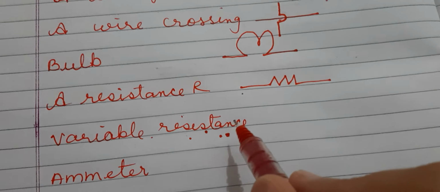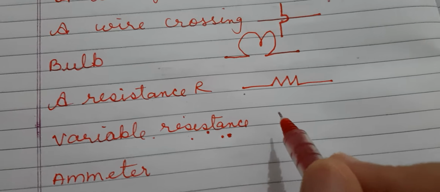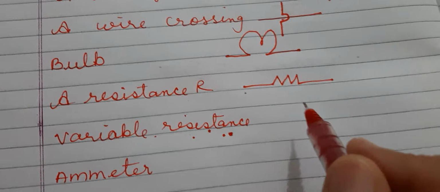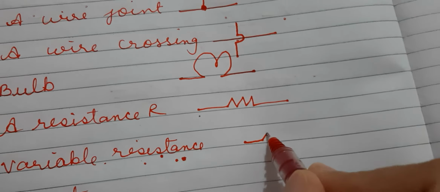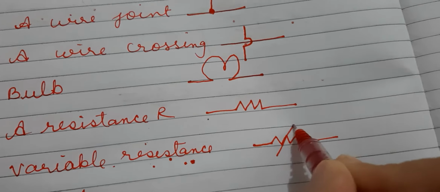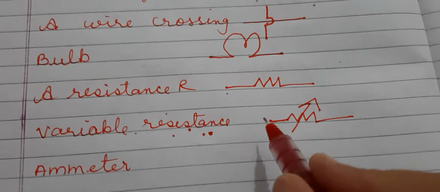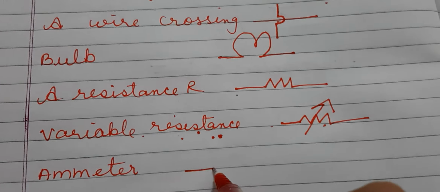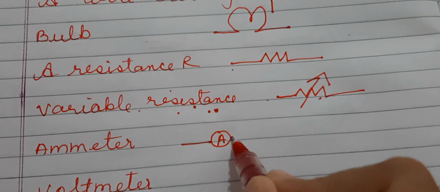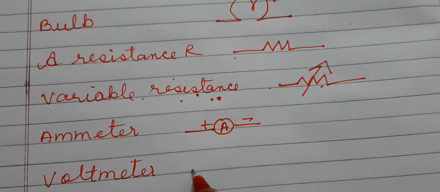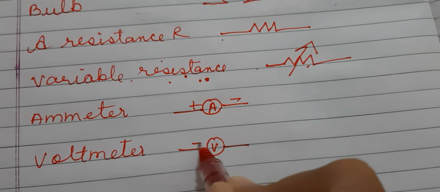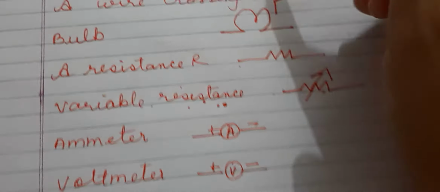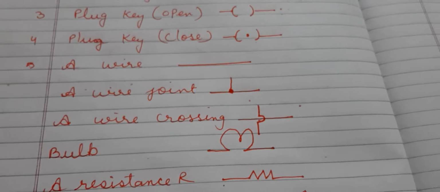With the help of this, we can change the resistance without changing the current. This is the symbol of variable resistance. And the ammeter we have already discussed, this is the ammeter and this is the voltmeter. So these are some symbols. While drawing circuit diagrams we will use all these symbols.